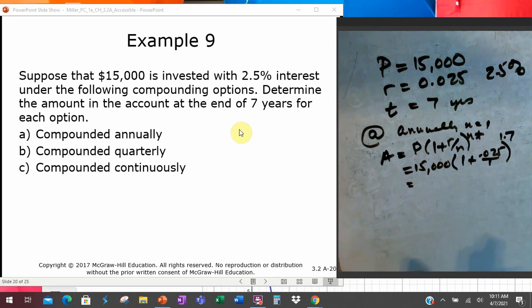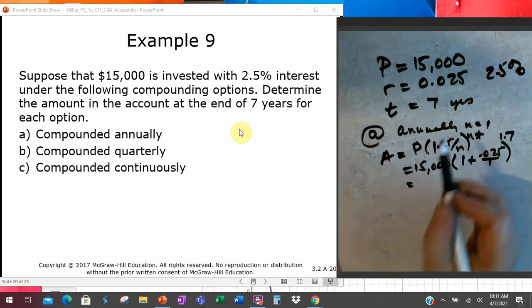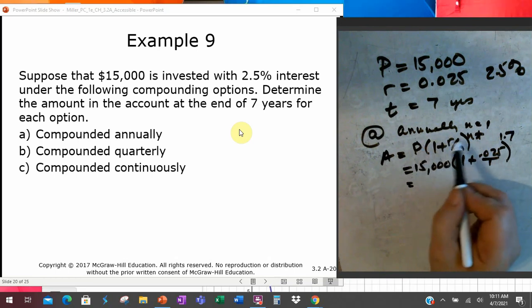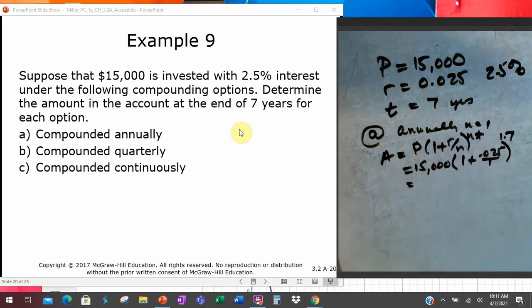So I'm doing this with that simple 1 time a year, but the next year I'm going to add a little bit to it. So this has grown by the interest rate, and then I do that again. This is going to be 15,000 times parentheses 1 plus 0.025 to the 7th.